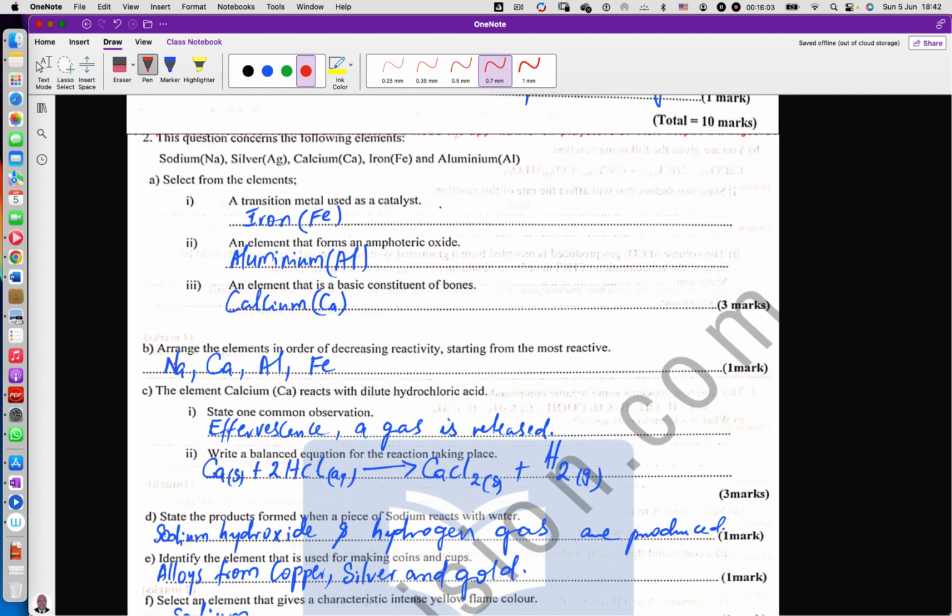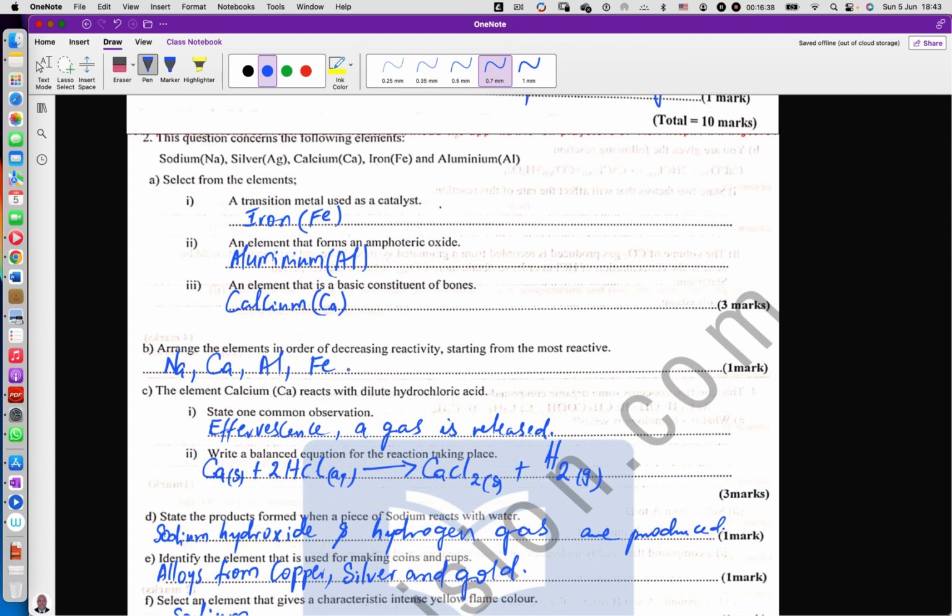After aluminum we have iron, and the last one should be silver.